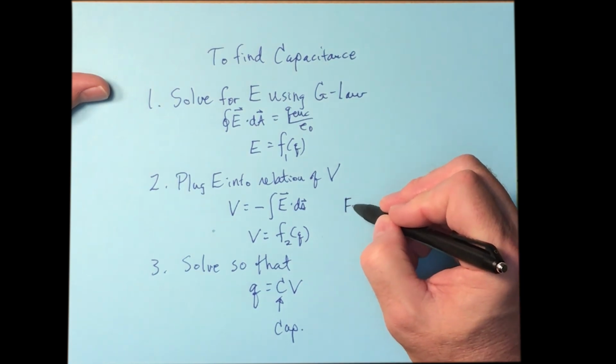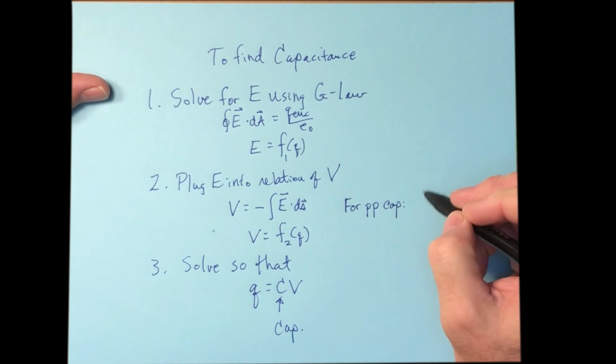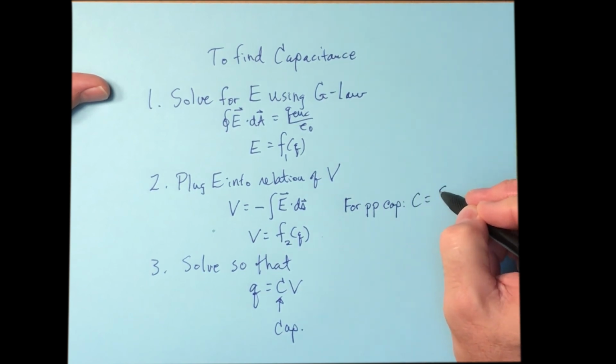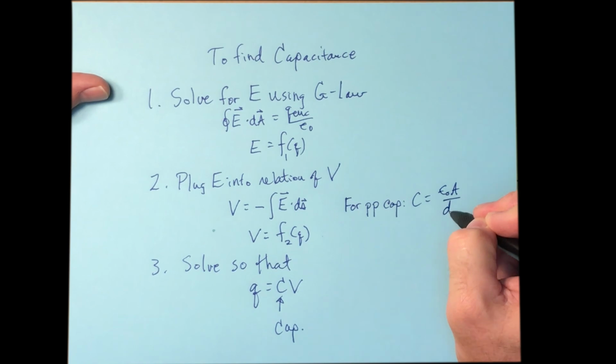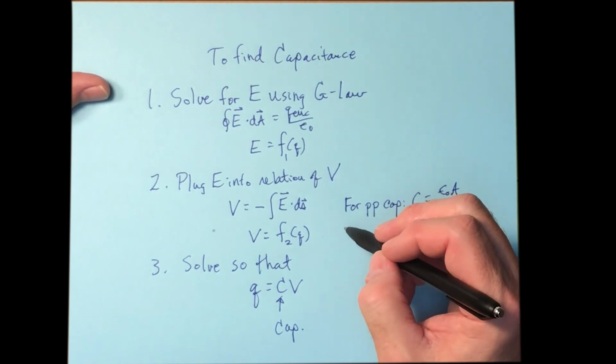So for our example of a parallel plate capacitor, we saw that C equals epsilon naught A over D. The textbook goes on and does several other situations.